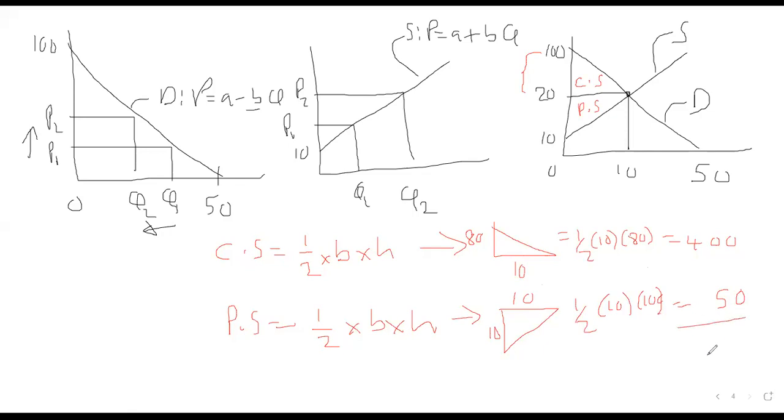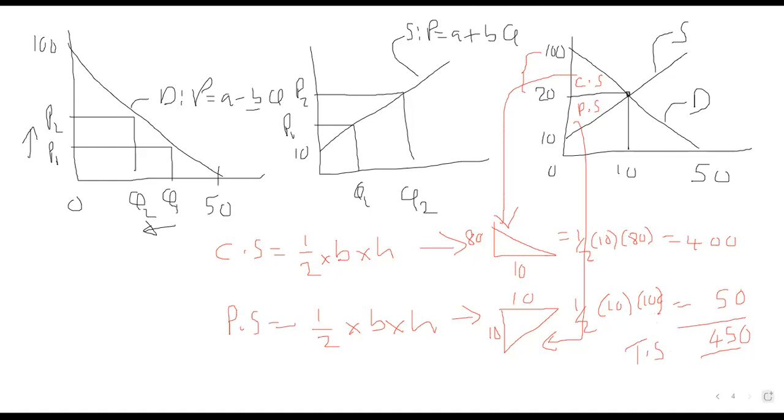So when you total this, it is called the total surplus. So this triangle here is called the consumer surplus. This triangle here is called the producer surplus. When you add these two, we get what is called the total surplus.